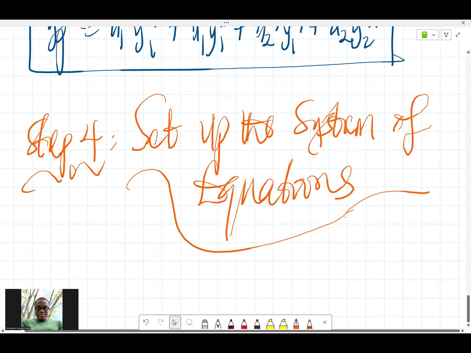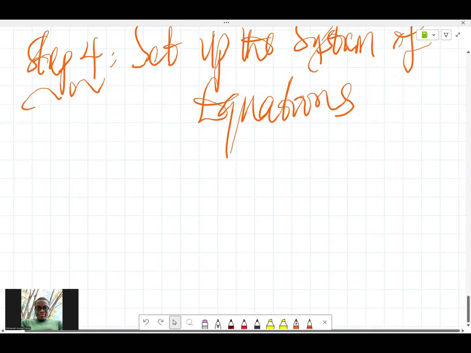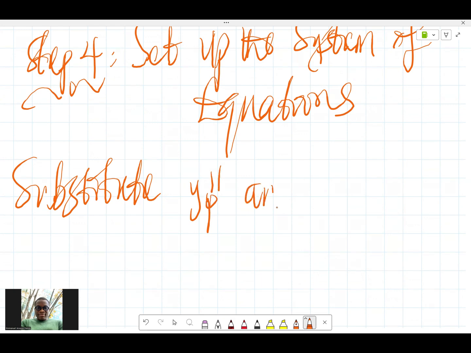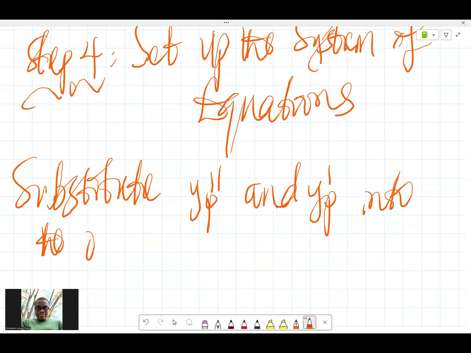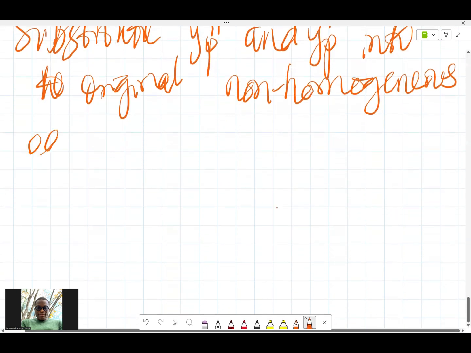So follow carefully, right? To set up the system of equations, we now substitute yp prime prime and yp prime, just like we did for undetermined coefficients, into the original non-homogeneous equation. That's going to be a lot already.